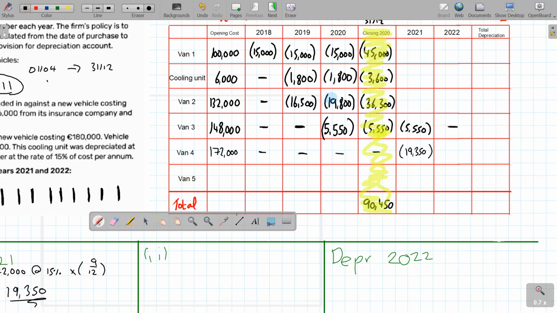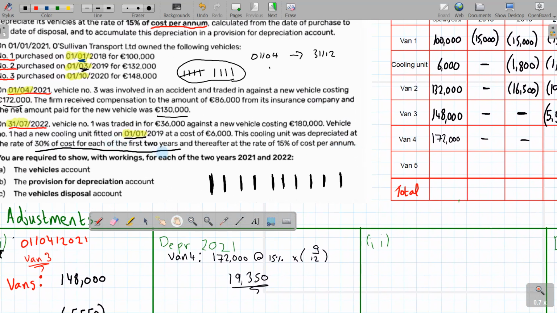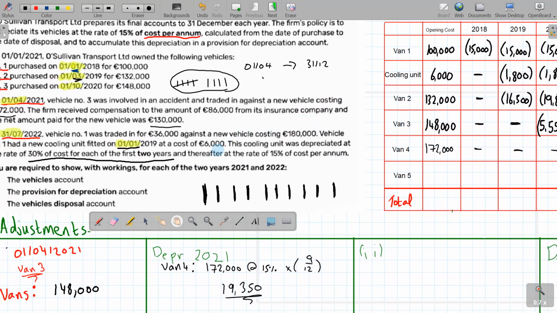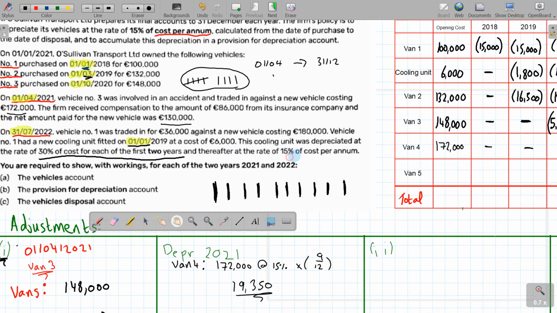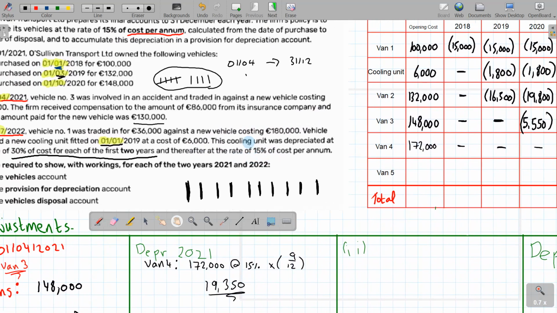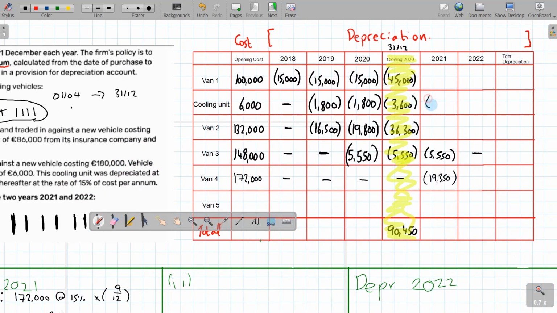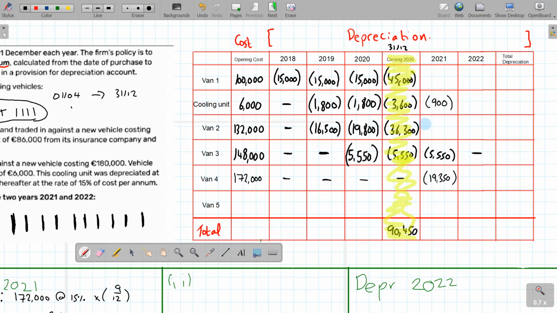So for the cooling unit, the 2 months at 30% are now over. So we have to move on. So it's 15% per annum now. So it costs 6,000 at 15% is 900. So the cooling unit depreciation is now 900 because it's 15% as opposed to 30. Van 2, it's the full amount because nothing happened to it. And van 1 is 15,000 because again, it's the full year depreciation.